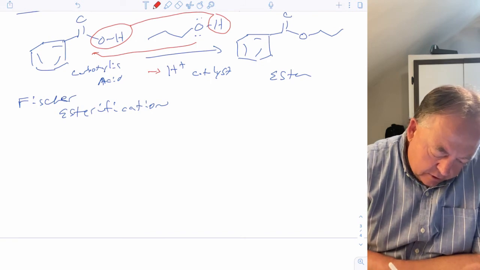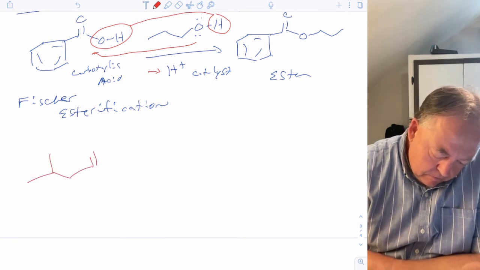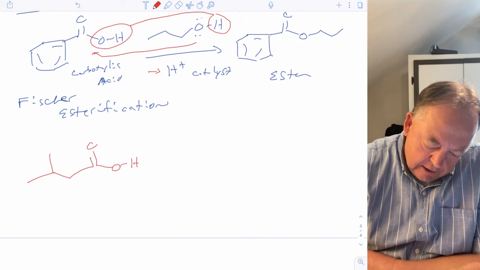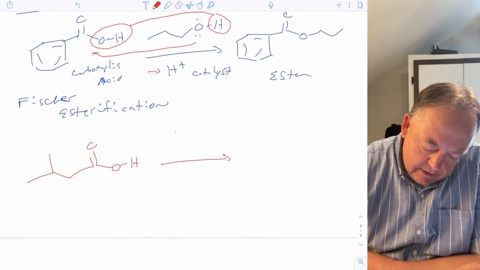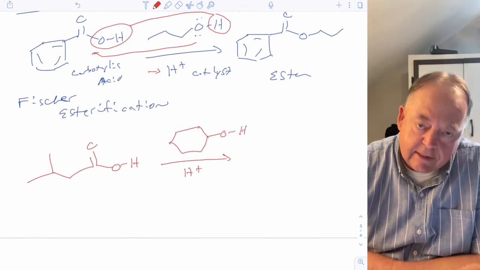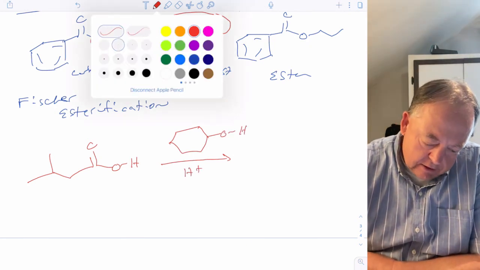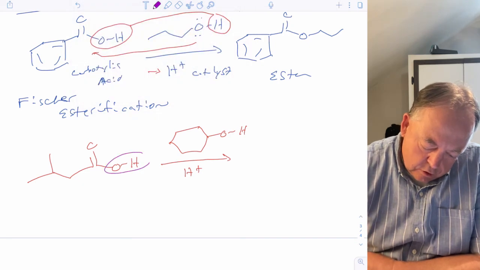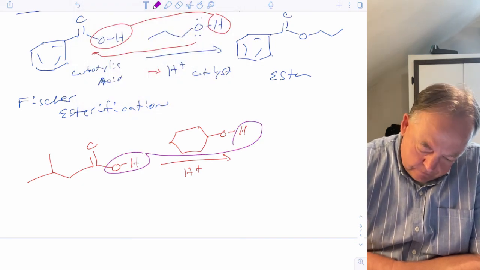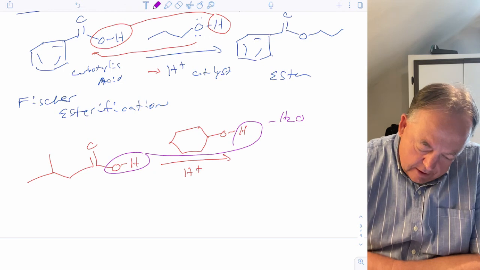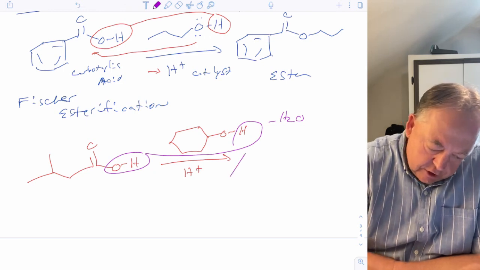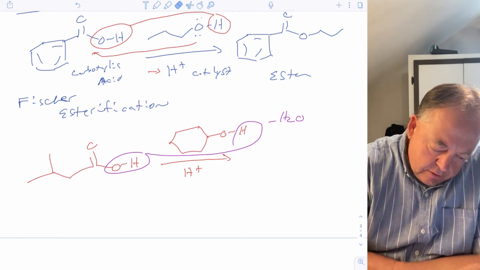Okay, so if we took another example, so if we had that carboxylic acid and this alcohol with acid catalyst, and then predicting the product is easy again, we're just going to lose H2O and then stick the alcohol in place of the OH.